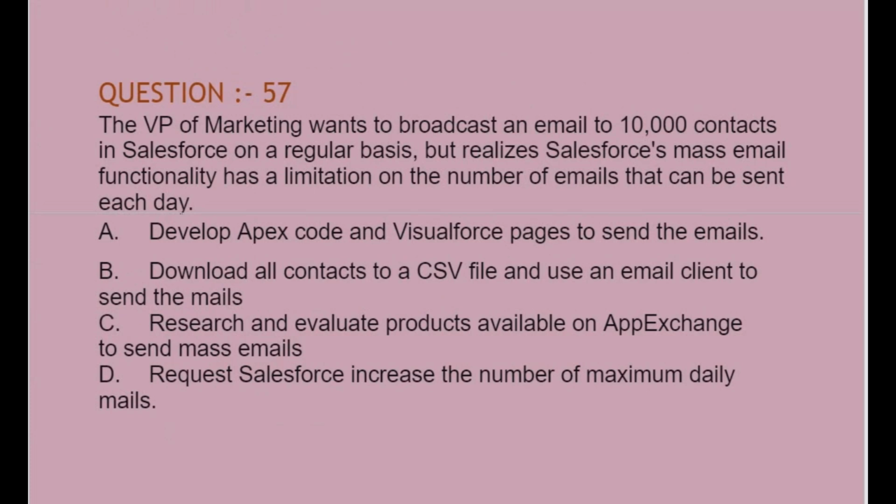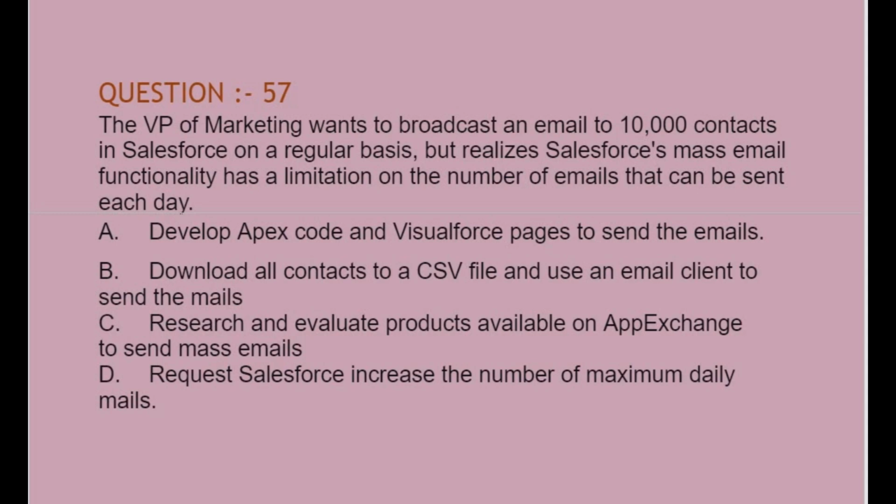Question is, the VP of marketing wants to broadcast an email to 10,000 contacts in Salesforce on a regular basis, but realizes Salesforce's mass email functionality has a limitation on the number of emails that can be sent each day. Option A, develop Apex code and Visual Force pages to send the emails.